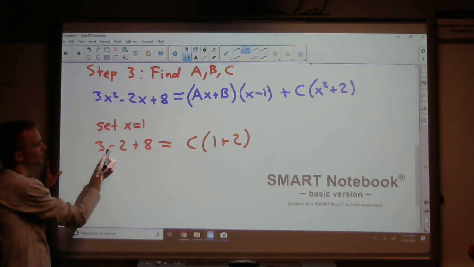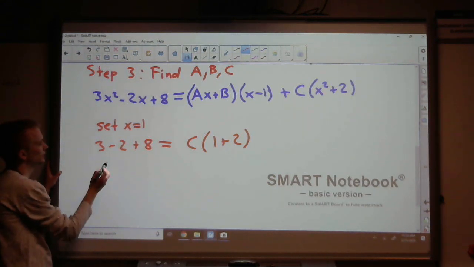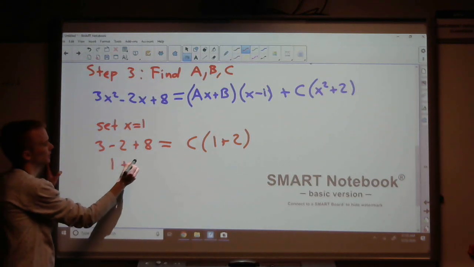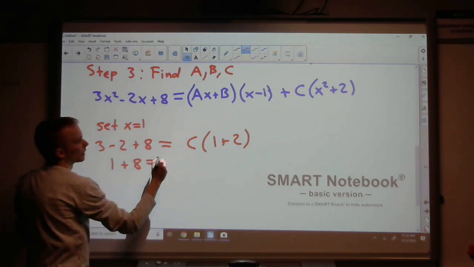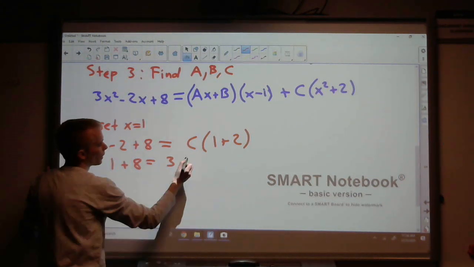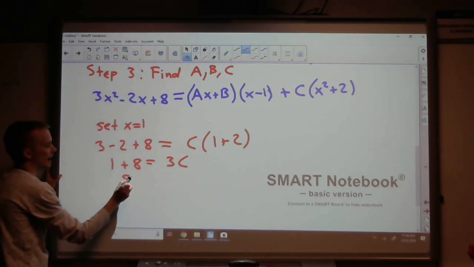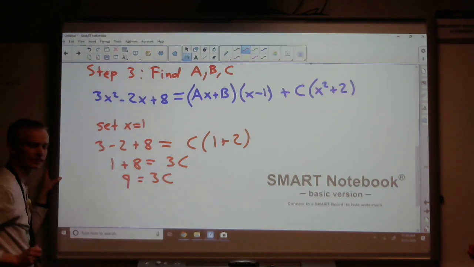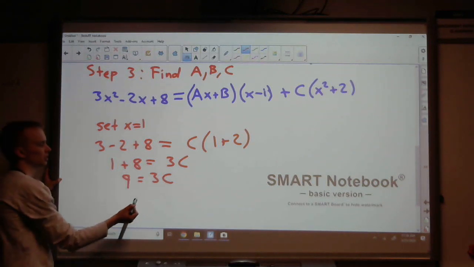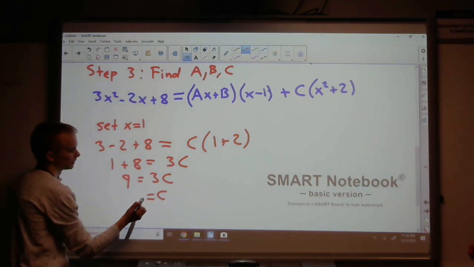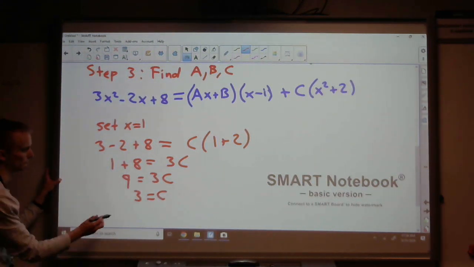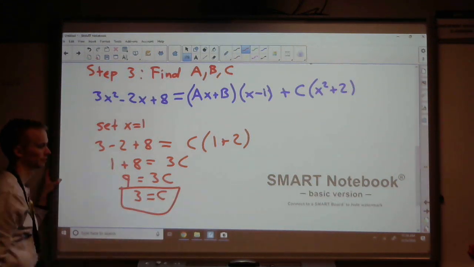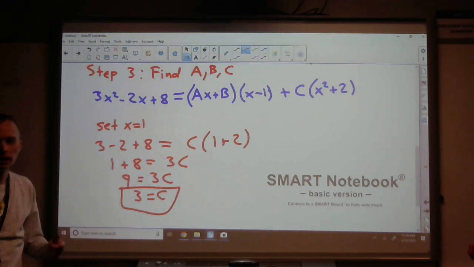Okay, so now we have 3 minus 2 is 1 plus 8. And then this is 3c. So we get 9 is equal to 3c. And we just divide by 3 on both sides. So we get 3. Okay, 1 down.